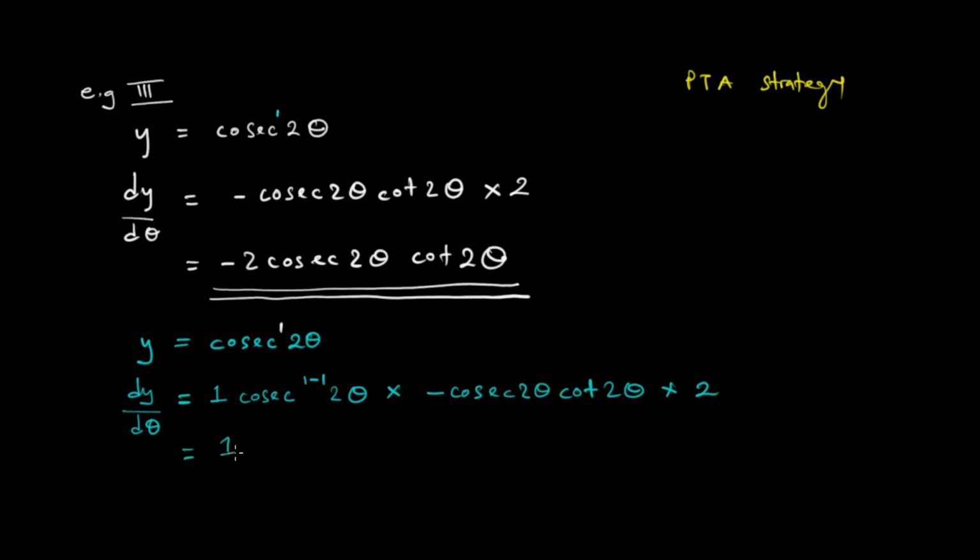Saka this will be equal to 1 cosec to the 0 2 theta times and so forth. Saka panapa manje this reduces to what? To 1, because anything raised to the power 0 ndi 1. So it's moot, hatifaniri kuzviita kana tisina kupiwa a visible power. We just start with differentiating with respect to trig, then differentiating with respect to the algebraic expression. This is what we wanted to learn today.